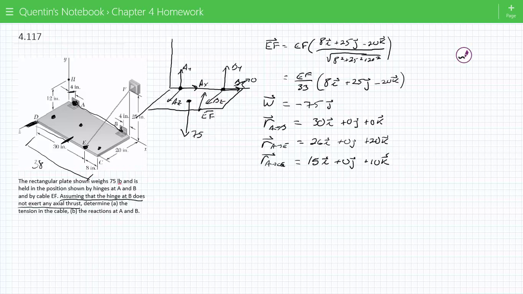So I'm going to say the sum of the moments at A is equal to 0. So at A, what do we have? We have R from A to B cross the forces at B, plus R from A to E cross the force at E, plus R from A to CG cross the forces at CG, which is just a weight.